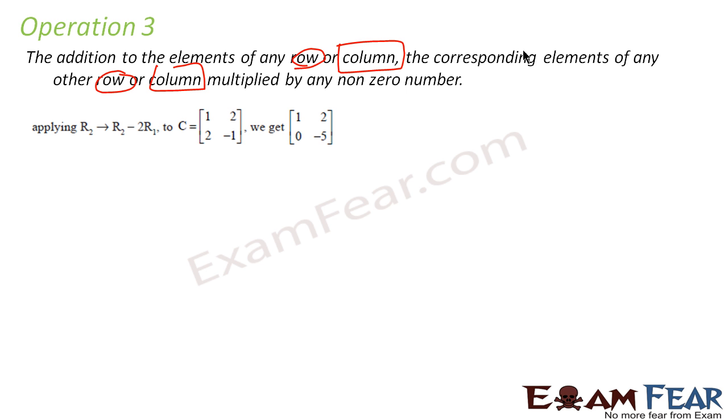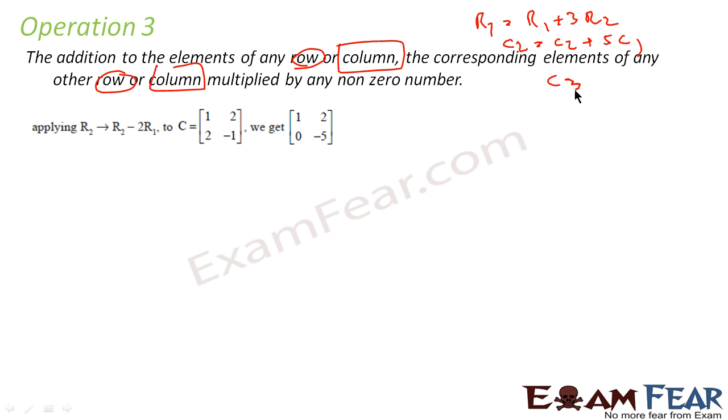Example, I'll tell you. You say R2 is equal to R2 minus 2R1. Or let's suppose R1 is equal to R1 plus 3R2. Possible. You take R1, and on that R1 you are adding 3 times R2. You take C2, you say C2 is equal to C2 plus 5 times C1. That is also true. So what you are doing, you are taking a row or column and adding that with another row or column by multiplying the other row or column with some non-zero number.